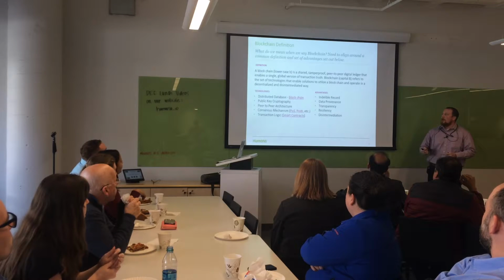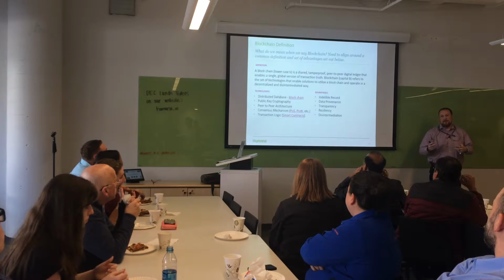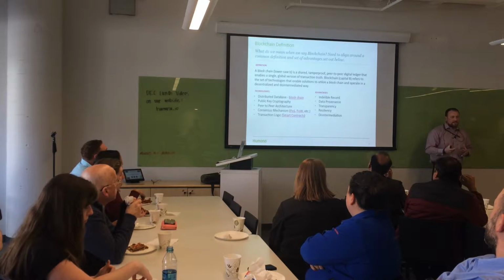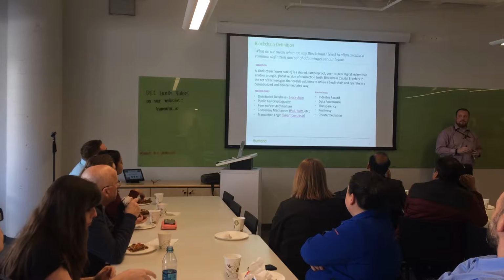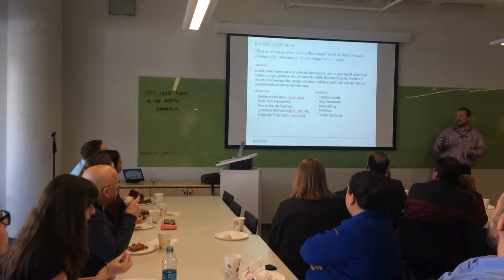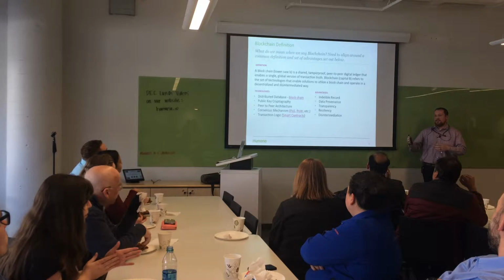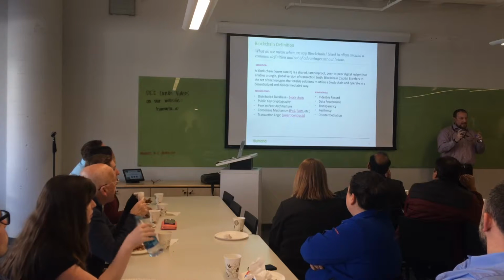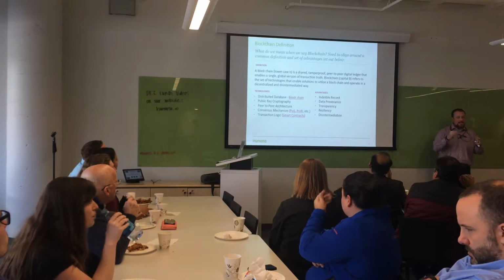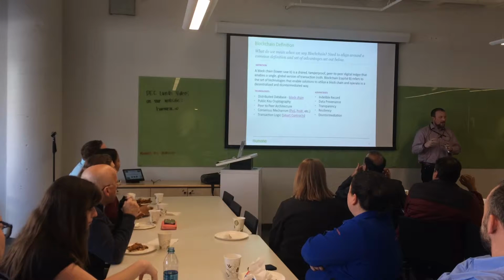Blockchain comes from the name of the distributed database that sits underneath it. That distributed database has been around since, I believe, the late 80s or 90s, and it's a chain of blocks. Each block holds transactions and how the data is stored, and each block is linked to the prior block.